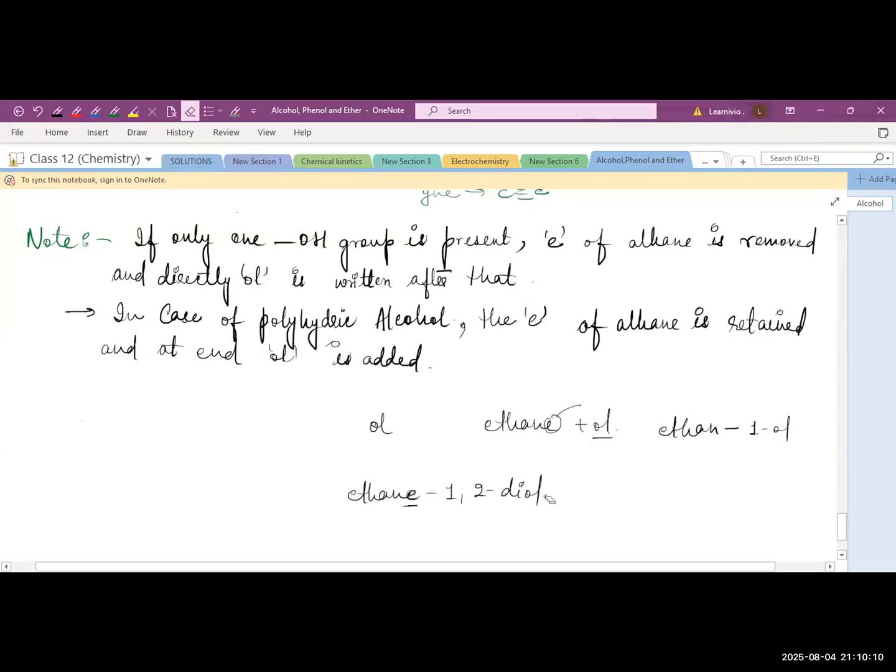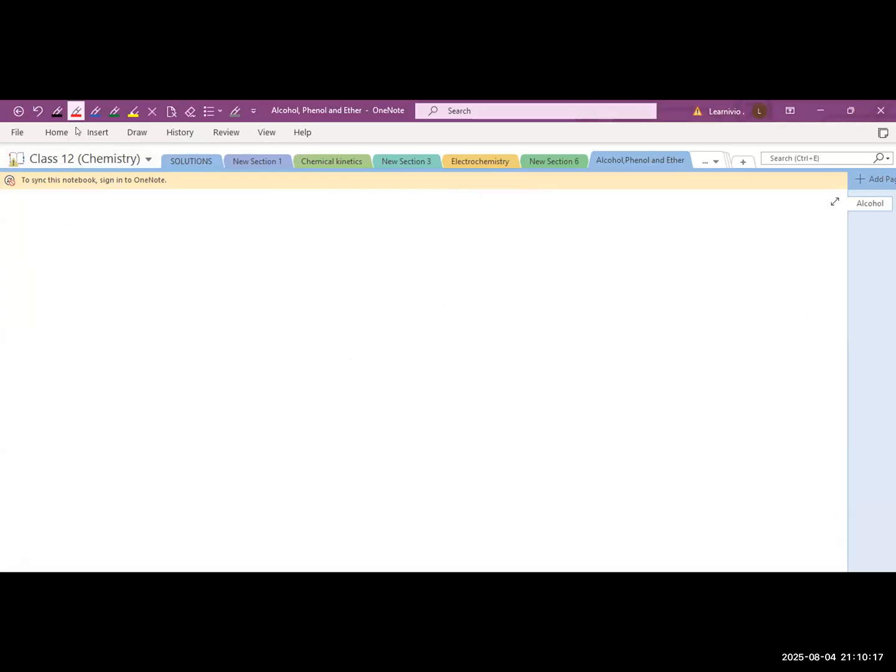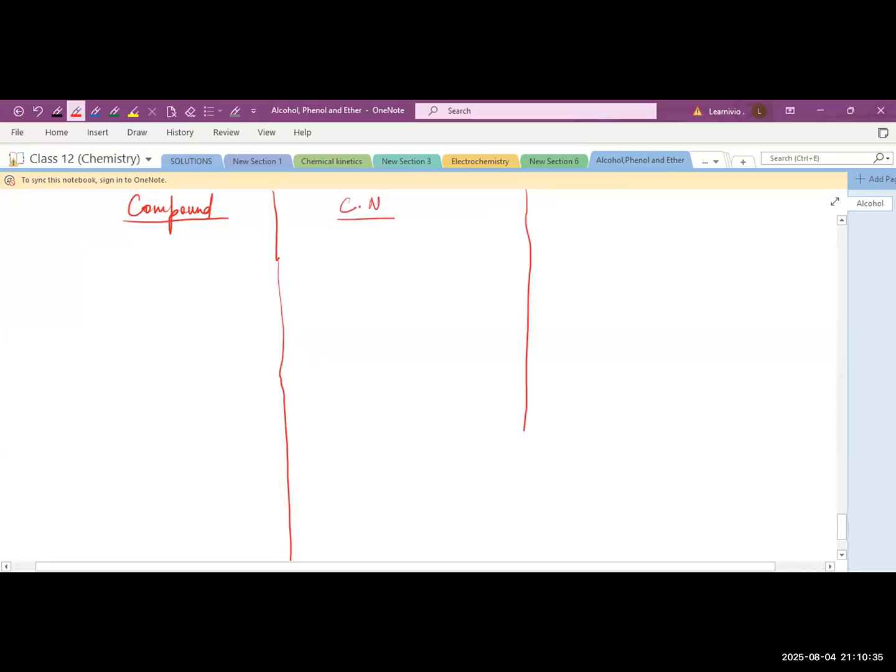I'll give you some more examples. I'm writing the compound here: structure of compound, common name here, and here the IUPAC name.